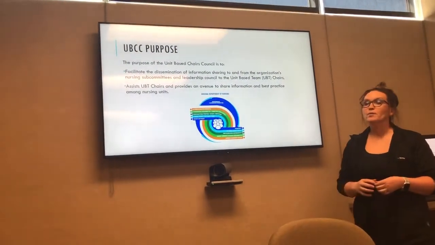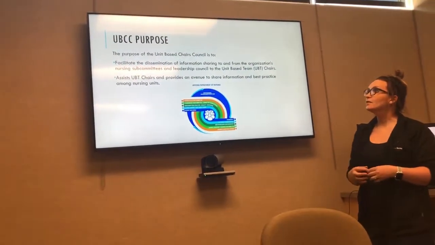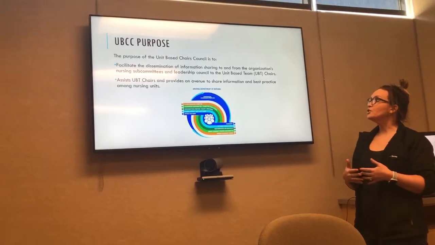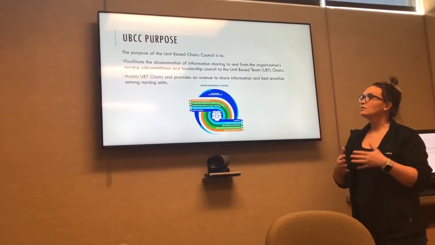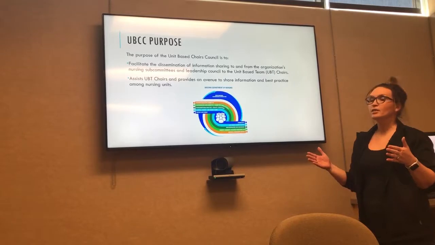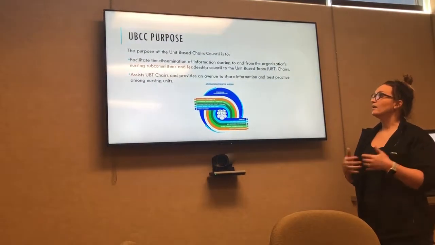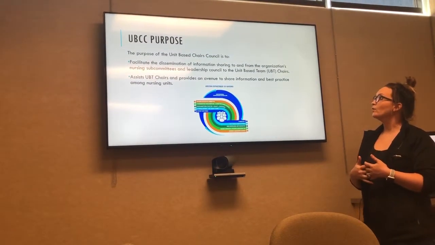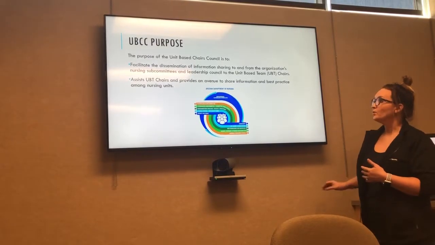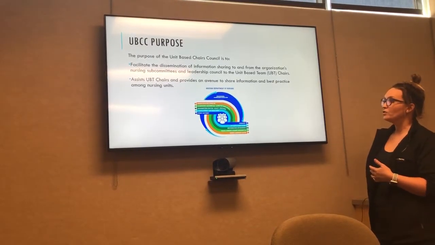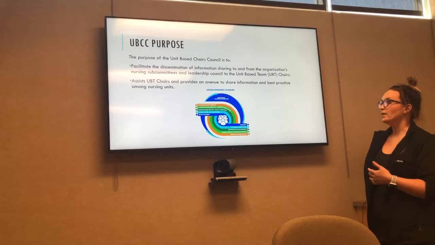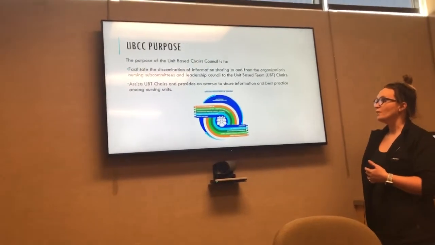So just to review, the purpose of the unit-based team is to facilitate that dissemination of information and sharing across the nursing subcommittees and leadership council to that bedside nurse through that unit-based team chair. So we have here our professional governance structure. We have our patient and family and community in the center.